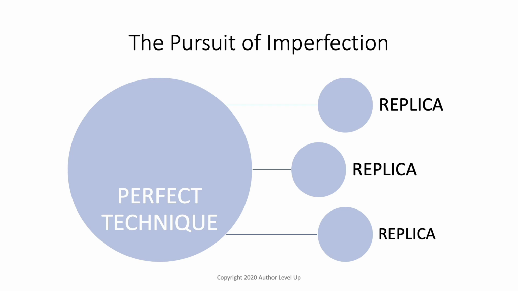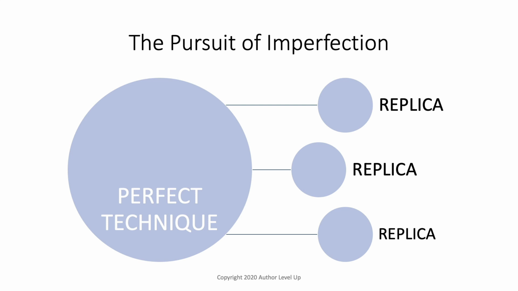They are trying to see into the world of the forms, and they're trying to replicate what they see, but it's never perfect, right? Because life is a pursuit of imperfection. So we could say that authors all over the world will attempt to replicate this form in their own writing, but each author will have a different line of sight into the form and will execute on it differently. This explains why we're all different.